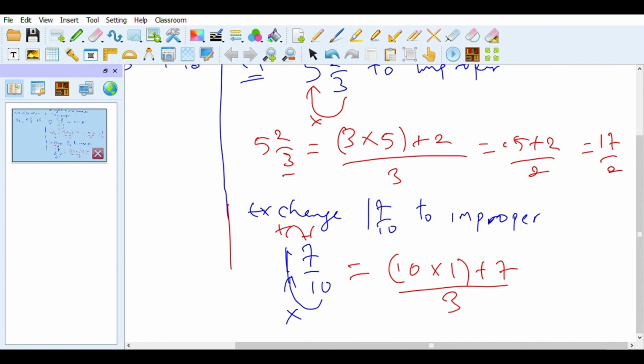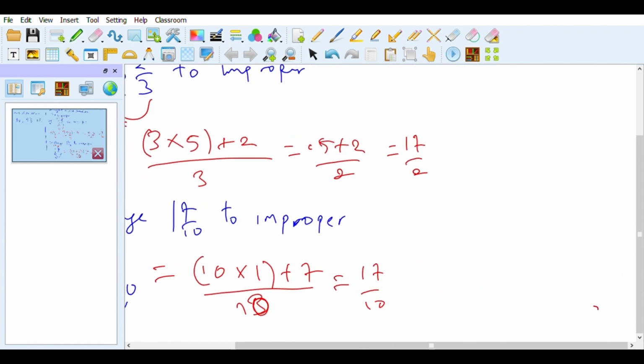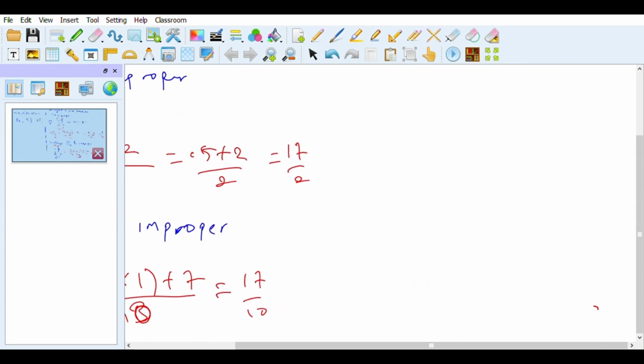Everything will still have a denominator of 10. So 10 times 1 is 10, 10 plus 7 is 17, and then we have 17 over 10. So this is basically how we can change mixed fractions to improper fractions.